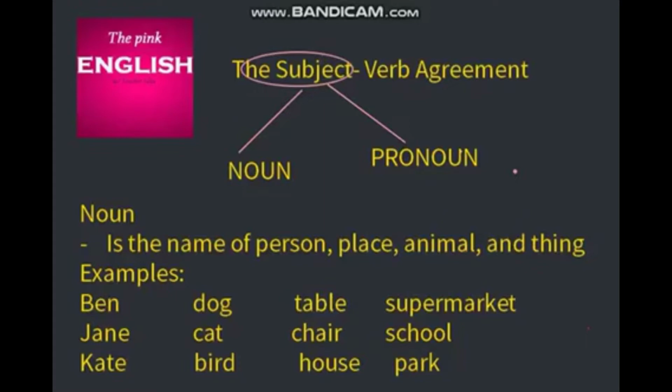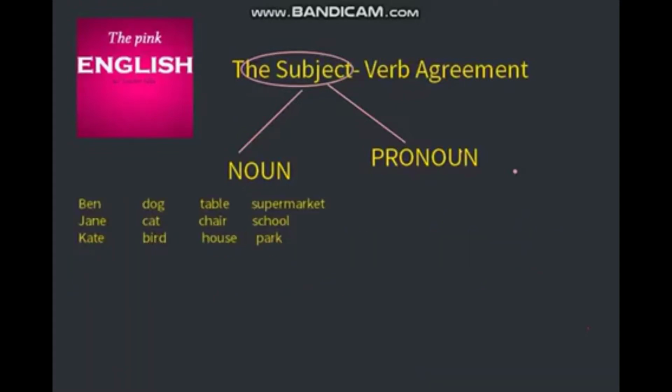So how do we know if these nouns are singular or plural? These examples here are all in their singular forms. So how do we make them plural? Simple. The basic rule is that we just need to add s or es to make them plural. For example, dog, dogs, cat, cats, bird, birds.